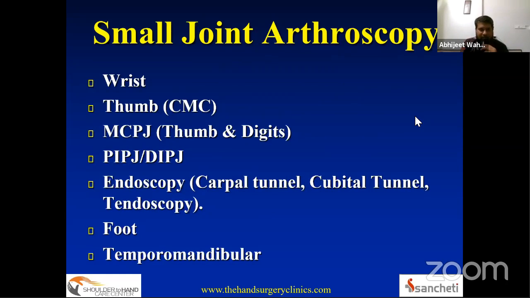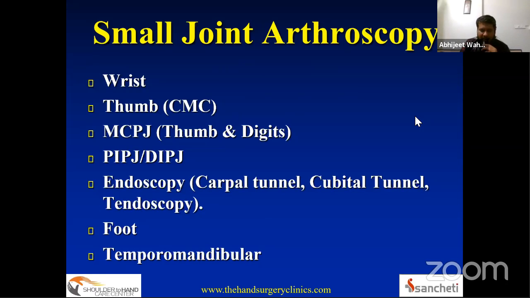So wrist arthroscopy falls in the purview of small joint arthroscopy. When we talk about small joint arthroscopy, we are referring to the wrist, the thumb, the MCP joint, and there are a few people who even scope the interphalangeal joints. We're also talking about endoscopy, foot and ankle arthroscopy and TM joint arthroscopy.